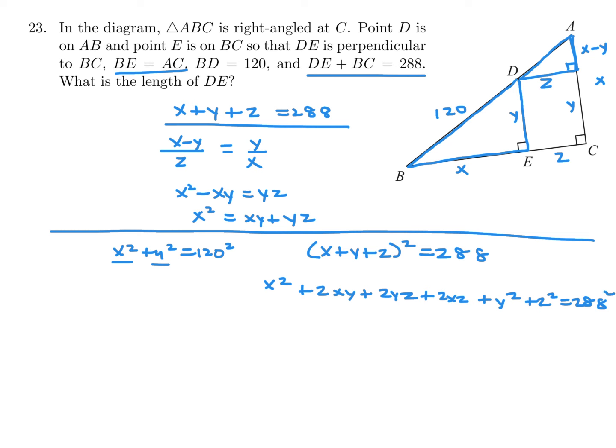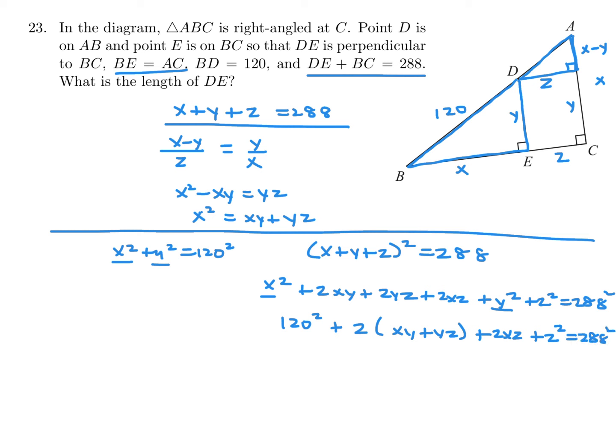Okay, that is pretty decent because that x squared plus y squared is 120 squared, so I can just put that in. And then these ones I will factor somehow. I'm just trying to see how. xy plus yz, I'll factor that, and this one I'll just keep alone, and then the z squared for now there's not much I can do.